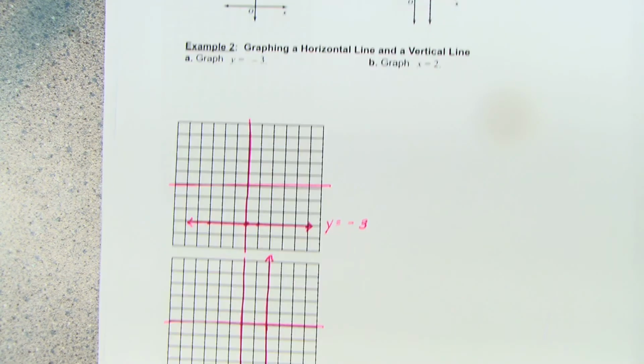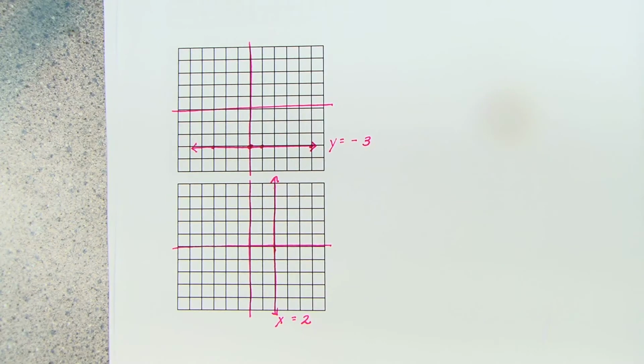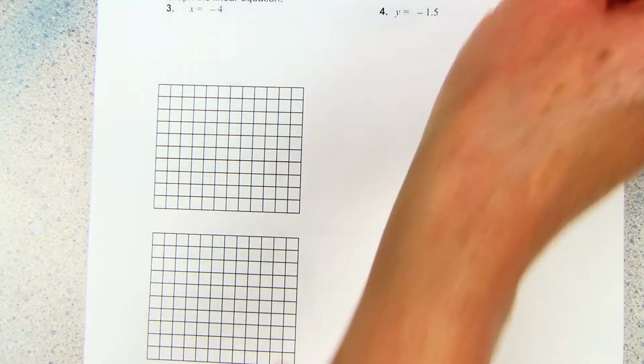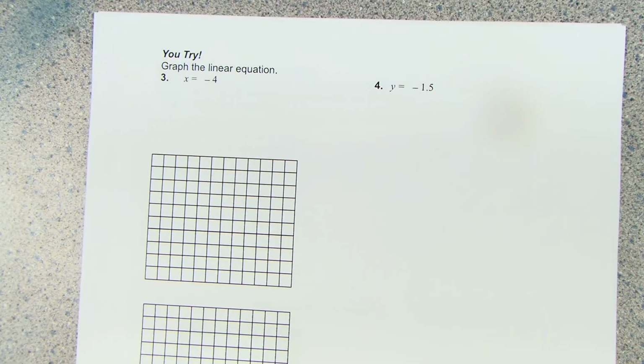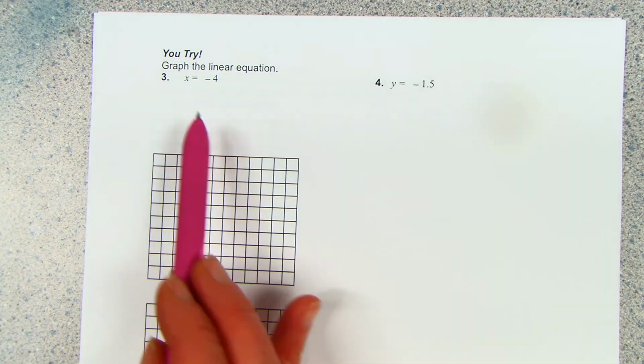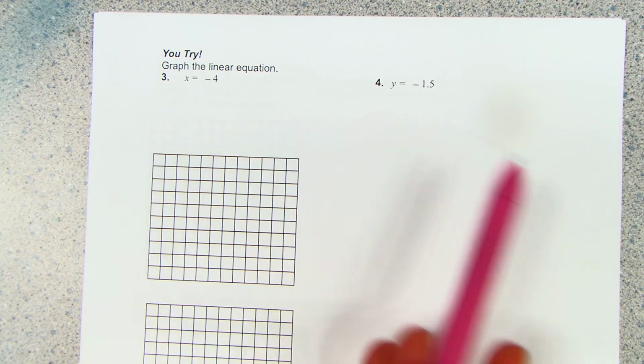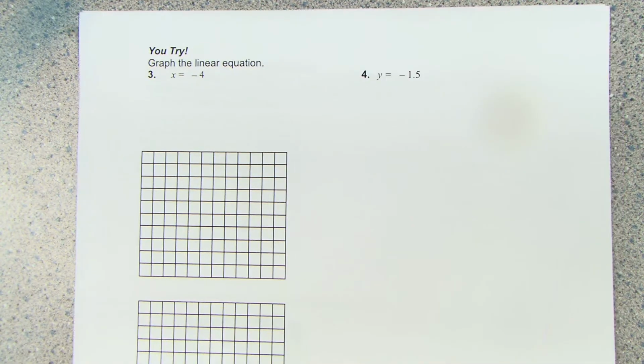Right? There's x is equal to 2. Okay. And then again, you have 2 U-tries. You're graphing x equal to -4 and y equal to -1.5.